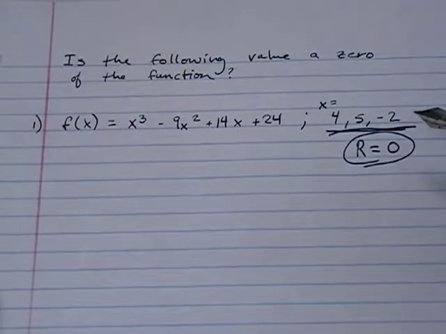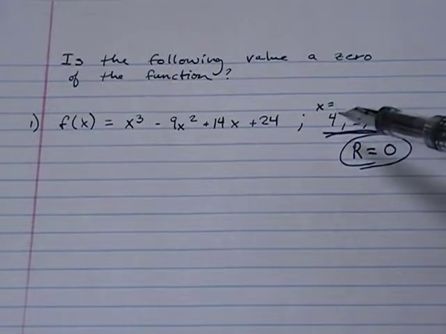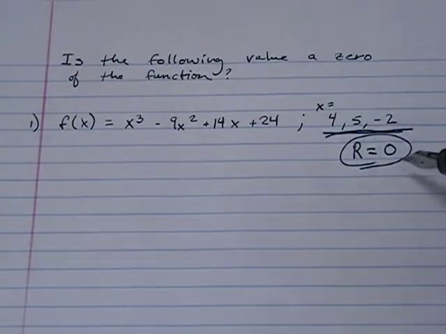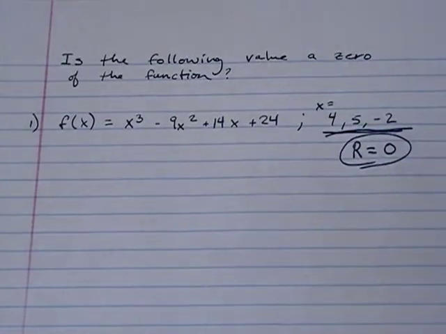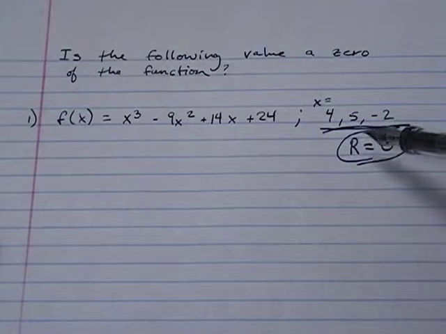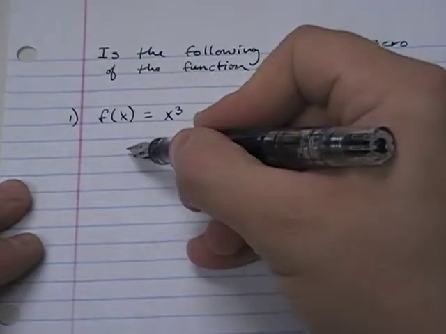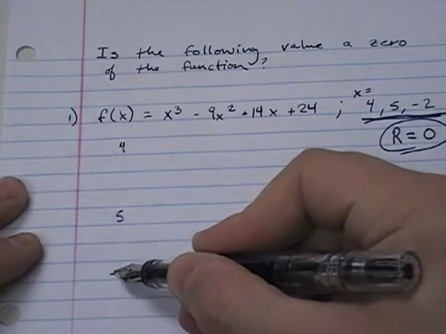If I divide synthetically by those quantities and the remainder is 0, they are in fact zeros or roots or solutions to this function. So we have 3 things, and we want to know if each of those is a solution, so we're going to do synthetic division 3 times. I'm just going to set these up: 4, 5, and negative 2.